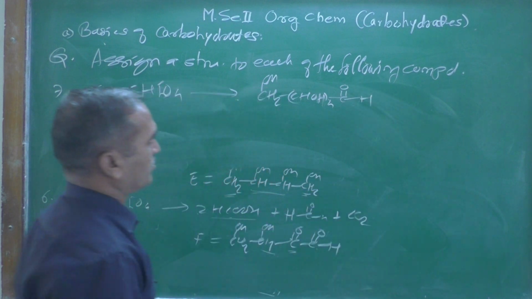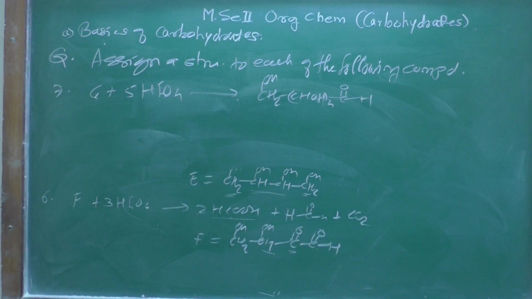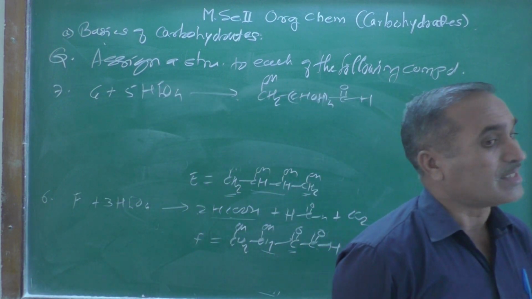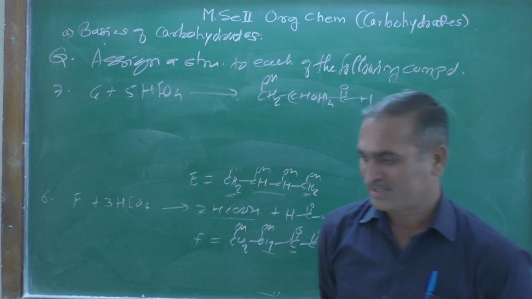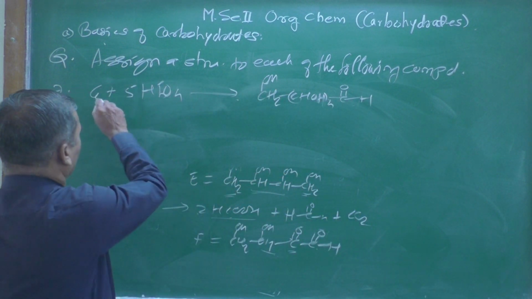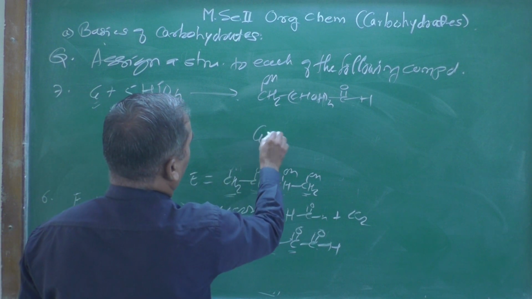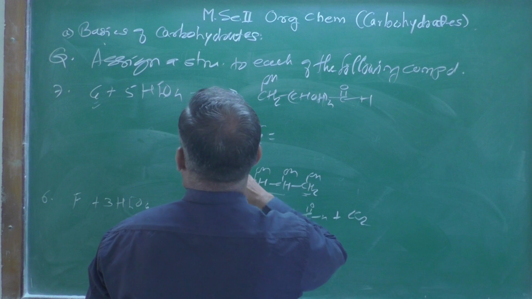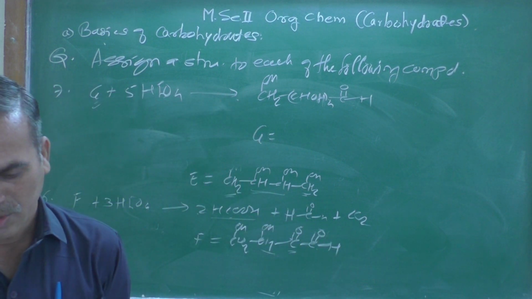This type of compound, if you look at this structure, you might have seen this structure somewhere. This structure is nothing but glucose, and therefore G has the structure of glucose.